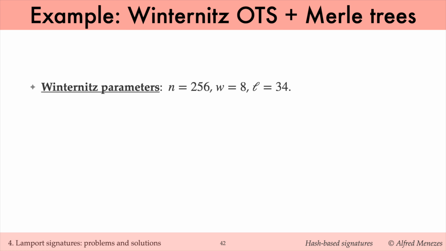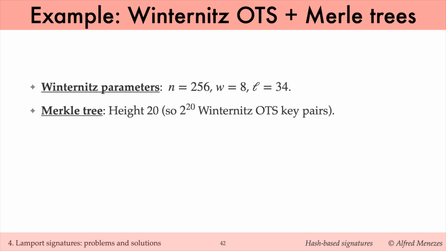Let's determine the size of public keys, private keys, and signatures when the Winternitz OTS is used with parameters n equals 256, w equals 8, and L equals 34. We'll use a Merkle tree of height 20, which implies there are 2 to the 20 leaves, so approximately 1 million Winternitz OTS key pairs.